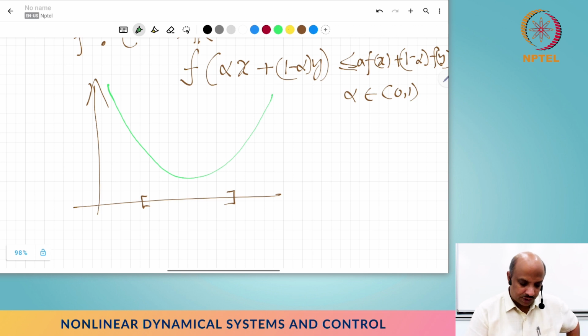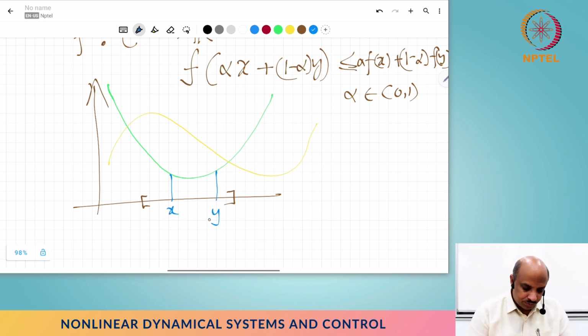And perhaps a function like this, right? If you pay attention to this, this is the line joining, let's say, this is x, this is y.